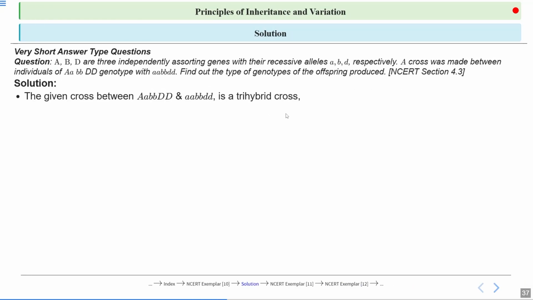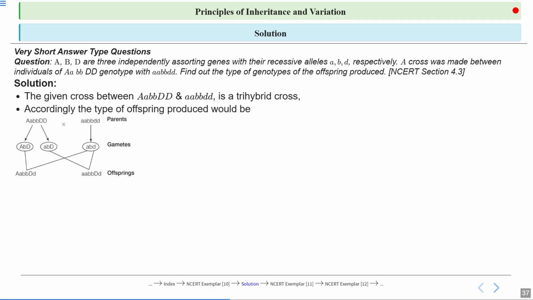Let's have a look at the answer. The given cross between these two individuals is a tri-hybrid cross because three genes are being involved here. Accordingly, you can make a cross here showing a tri-hybrid cross.